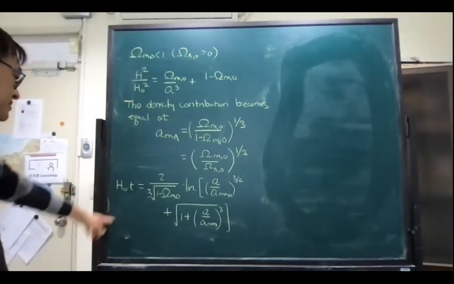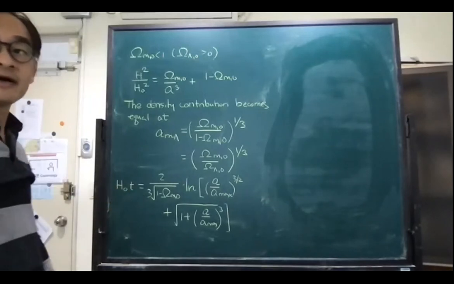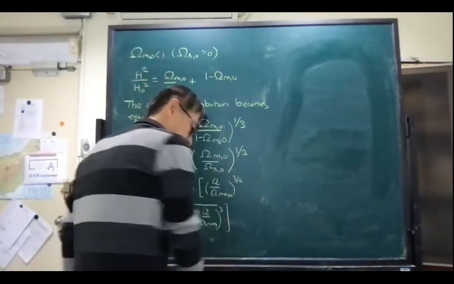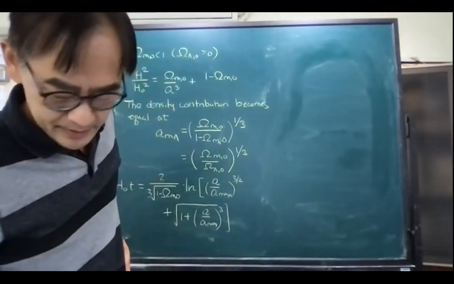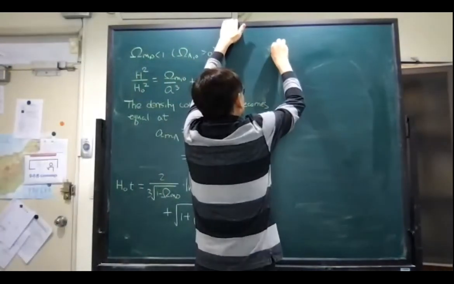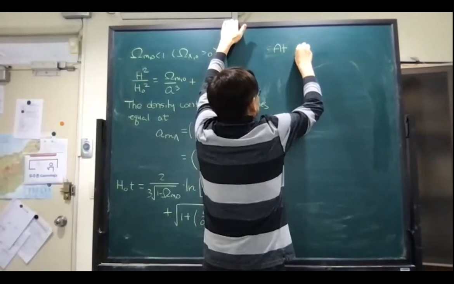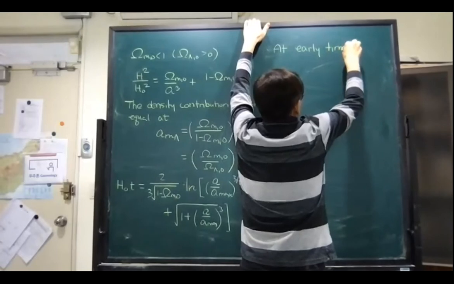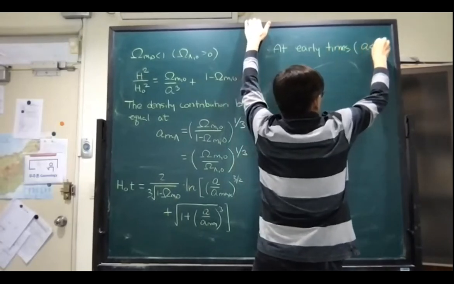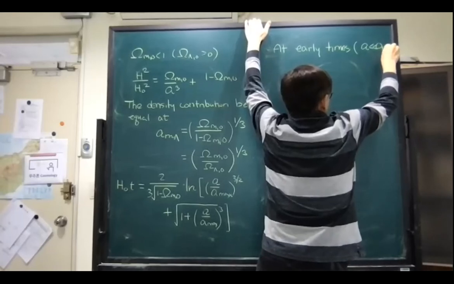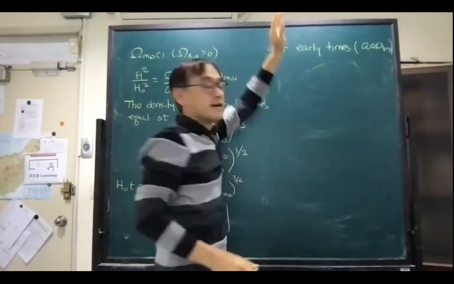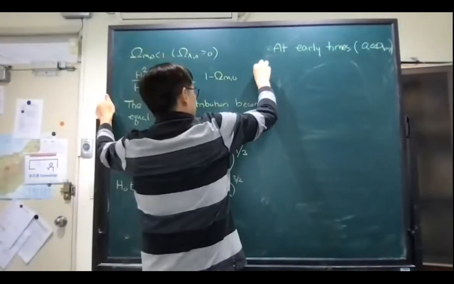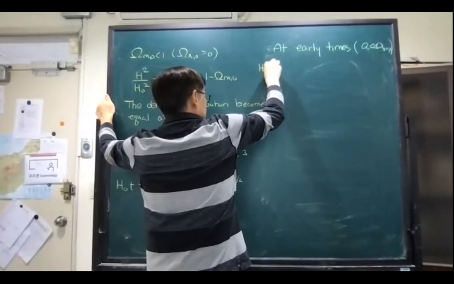Let's take a look at this equation at early times and later times. So at early times, a is less than a max. That's what I mean by early times. We have H0 t.